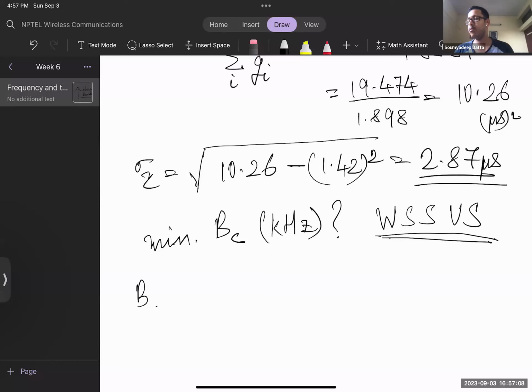So the minimum coherence bandwidth is actually given by a formula, and I'm not going into derivation again. It's similar kind of Bessel function, which you solve, and you get this value. So this is given by this value. From the power delay profile, you have the RMS value of the delay, and this you plug in here to get the coherence bandwidth. So can somebody tell me the answer in kilohertz? Let me do this by myself once.